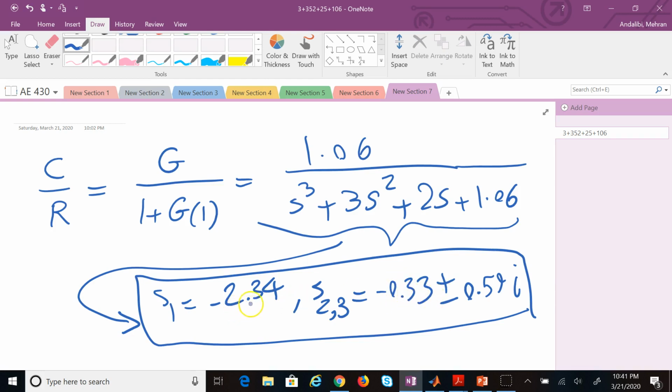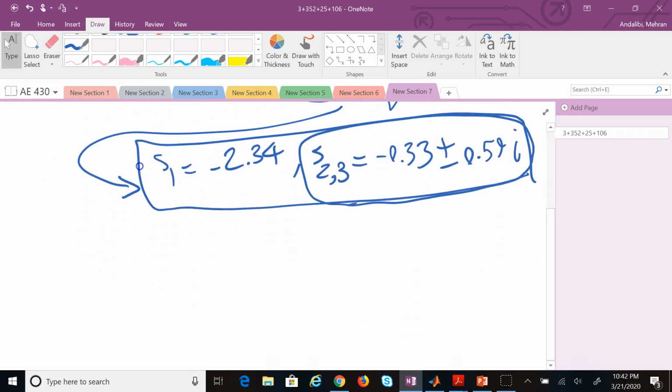This one is just a pure decaying exponential, but the exponential power is 2 times 3.4. So it's like 8 times bigger than that. So this one would decay quite fast and go away, but these guys would stay. So we call these 2 to be what? Our dominant poles. And from these 2, we can find our approximate zeta and omega n and everything, okay?